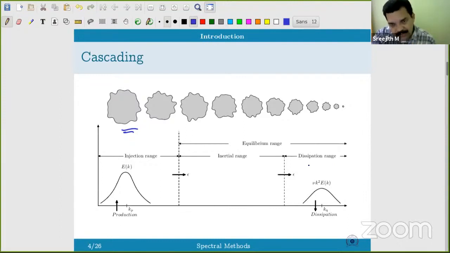If you want to simulate turbulent flow, we have to simulate the smallest eddies, that means the eddies in the dissipation range also.